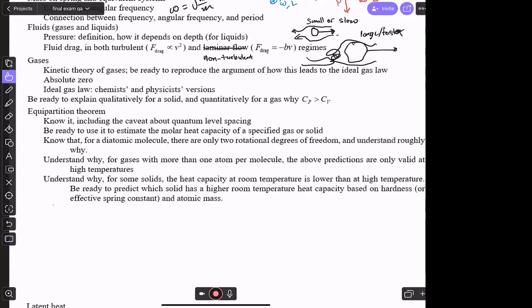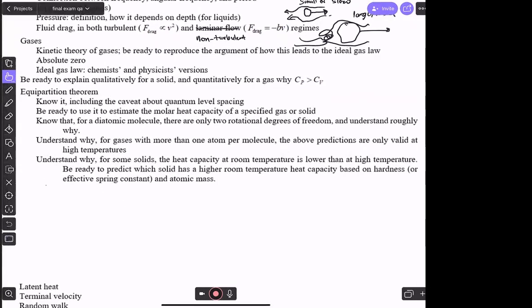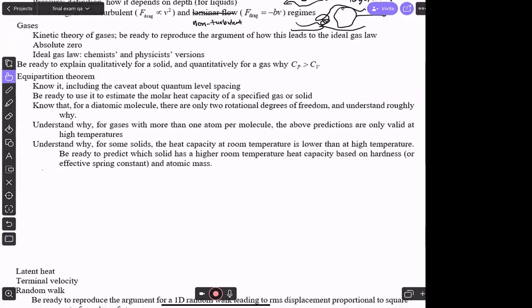Understand why for gases with more than 1 atom per molecule, the above predictions are only valid at high temperatures. Understand why for some solids, the heat capacity at room temperature is lower than at high temperature, and be ready to predict which solid has a higher room temperature heat capacity based on hardness or effective spring constant and atomic mass.